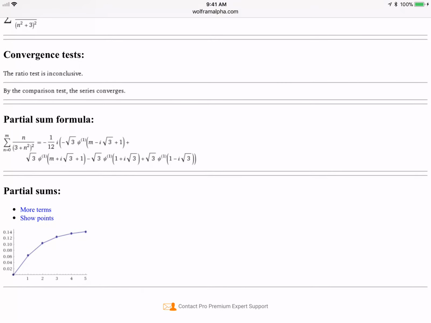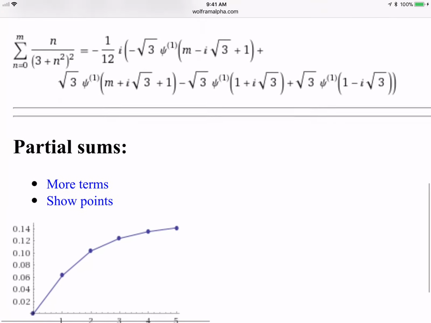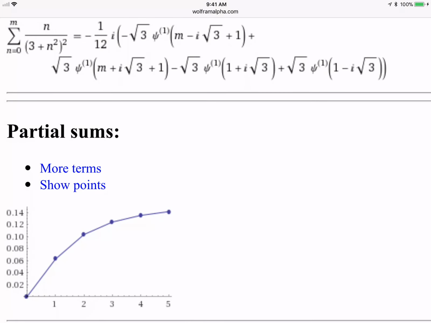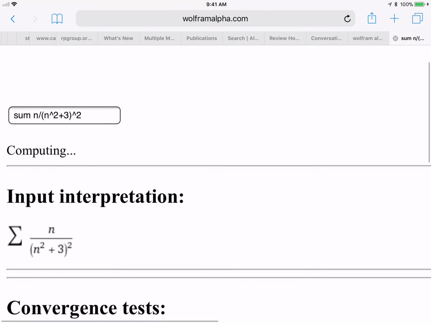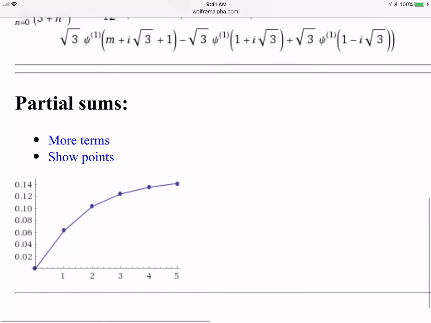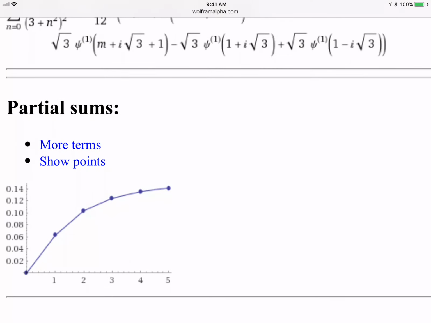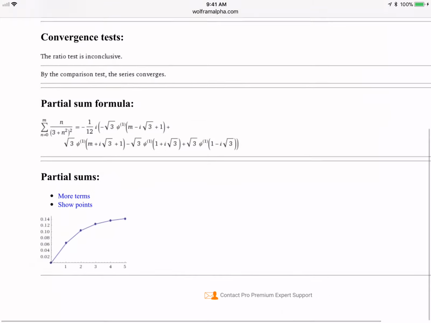And then you can graph the partial sums. Why would you want to graph the partial sums? Because to determine if a series is convergent, you're looking to see if the limit of the partial sums exists. It looks like this limit does exist. The partial sums are getting closer and closer to some number.